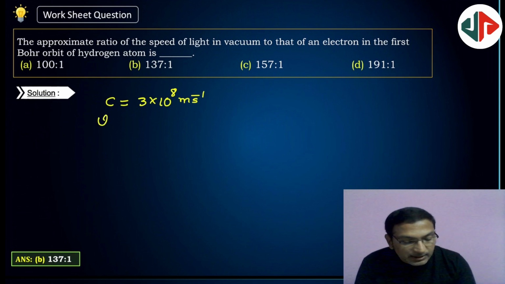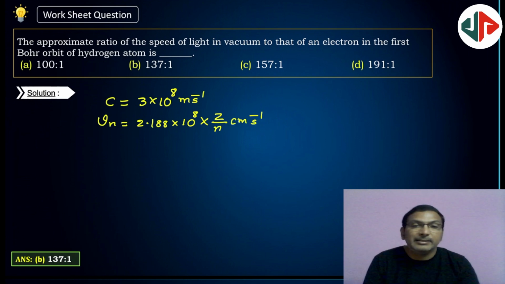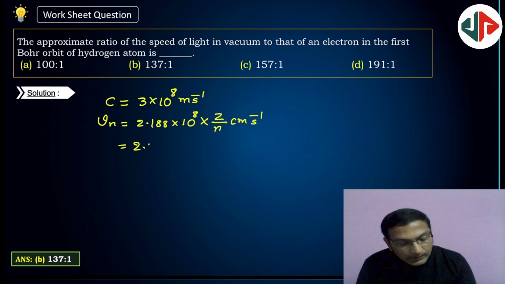Next, velocity of electron in nth orbit is 2.188 into 10 power 8 into Z by n centimeters per second in CGS system. Or we can write 2.188 into 10 power 6 into Z by n meters per second.